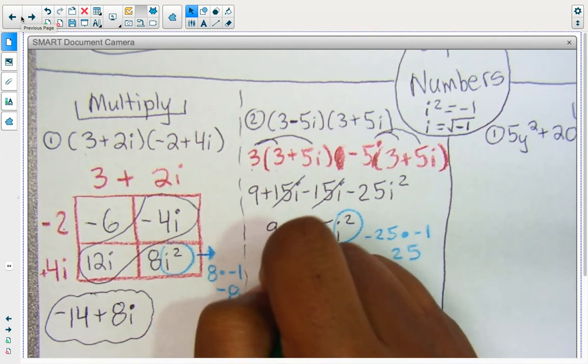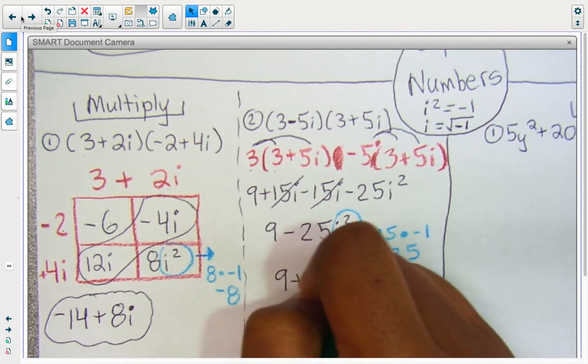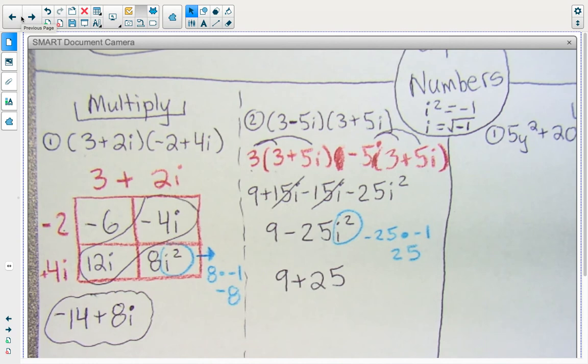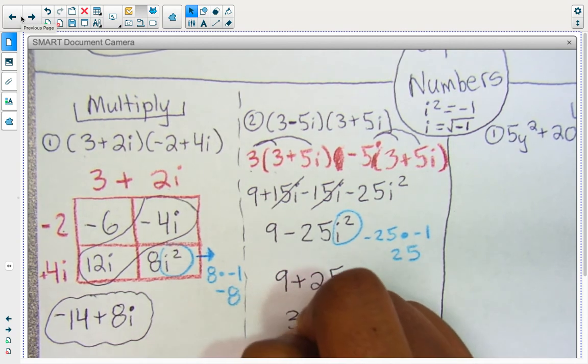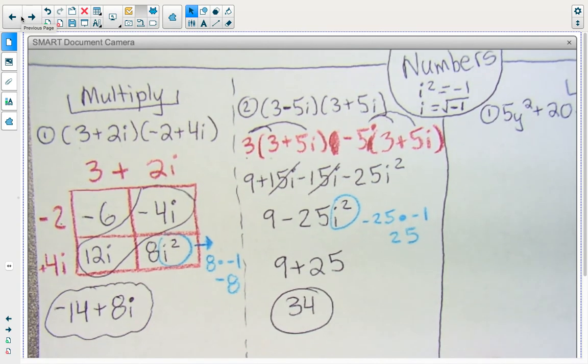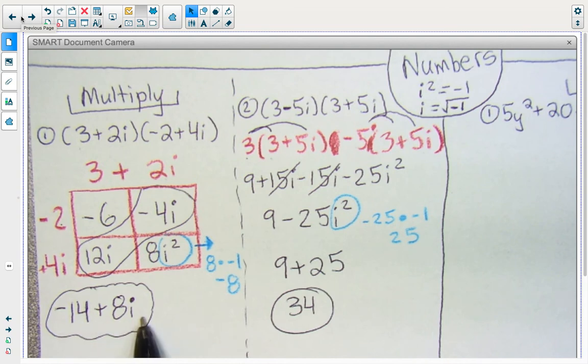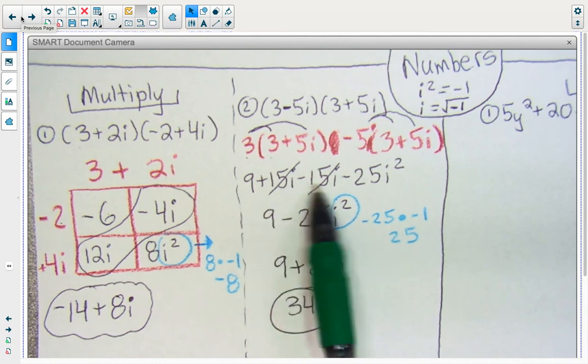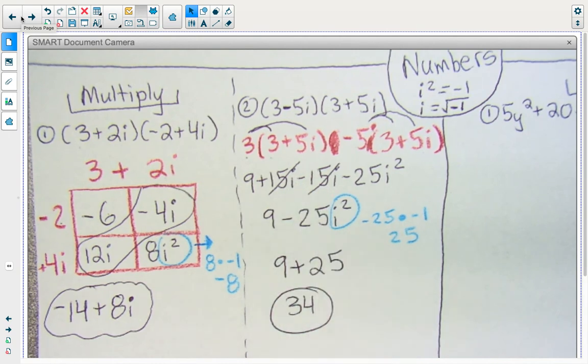Now my problem is 9 plus 25, and 9 plus 25 is 34. So notice it canceled out, but that's okay. This one, I only had a real section, which is okay. We had the imaginary section that canceled out, and that is quite okay.